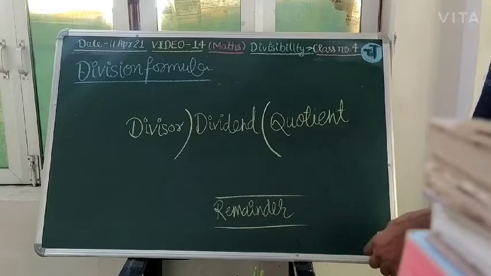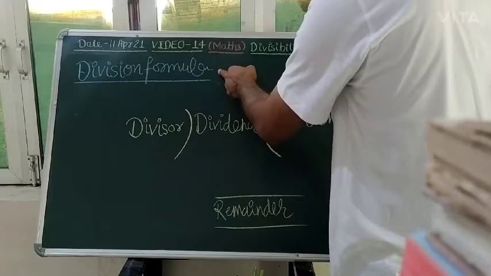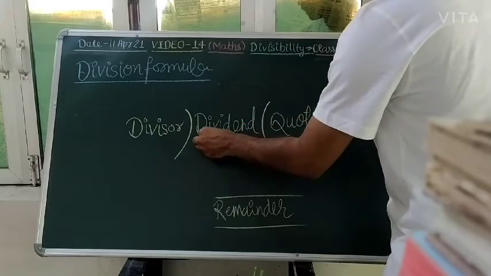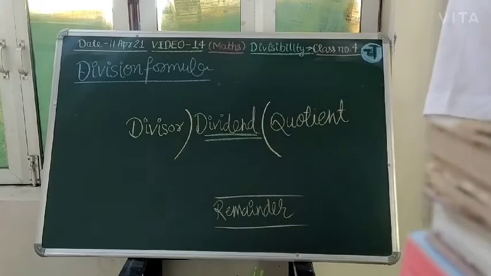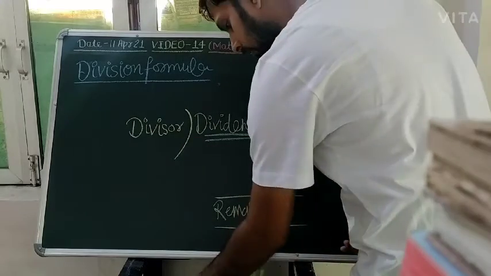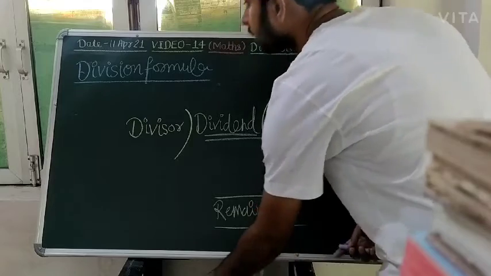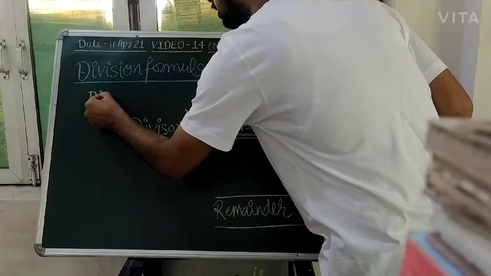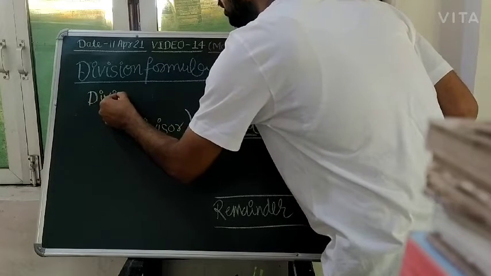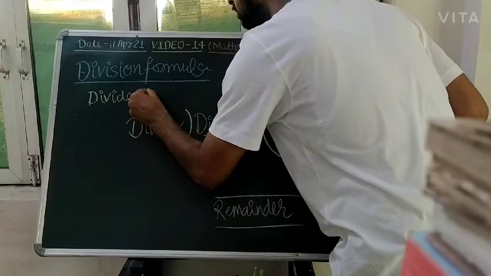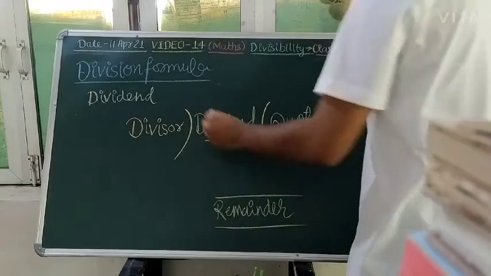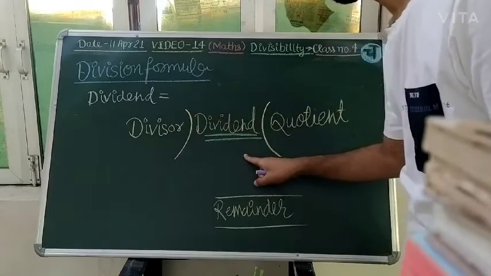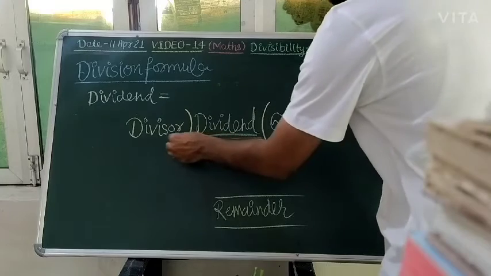So the division formula tells us that our dividend will be equal to the multiplication of this.